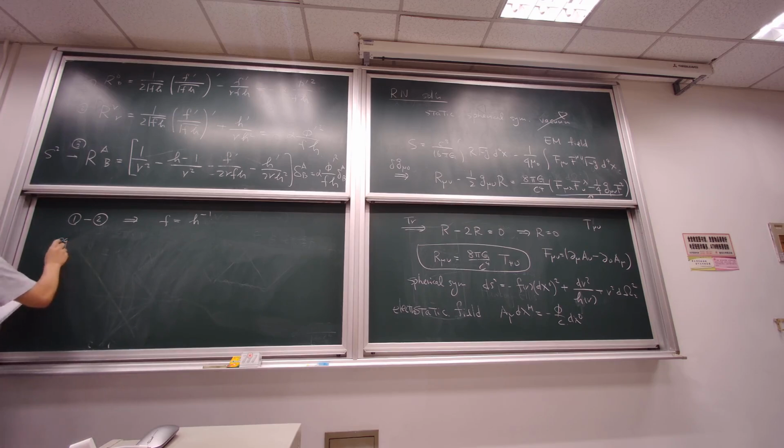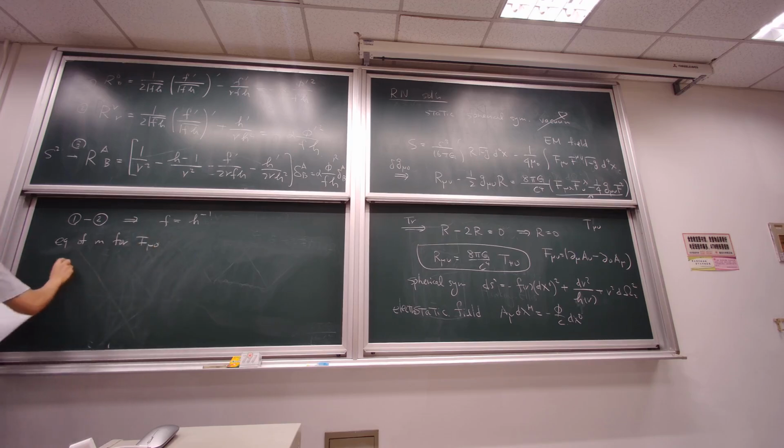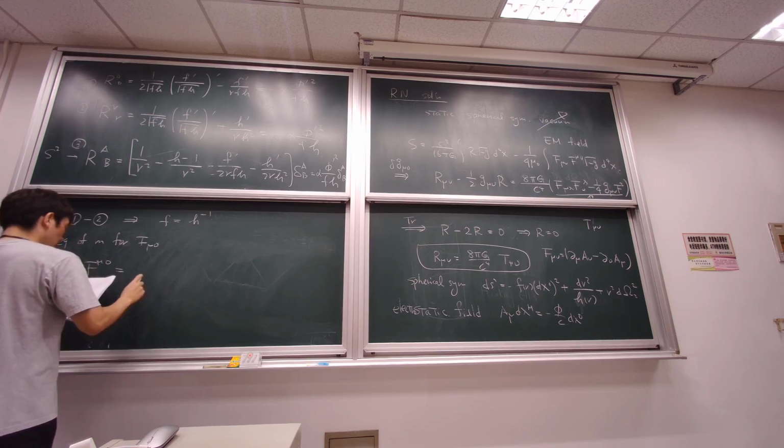Bianchi identity. No, equation of motion of F mu nu: del mu F mu nu equals 0, and this can be written as follows.